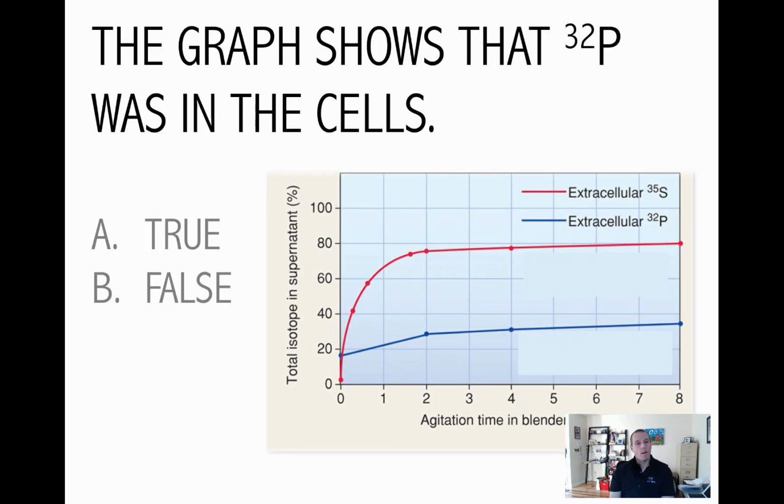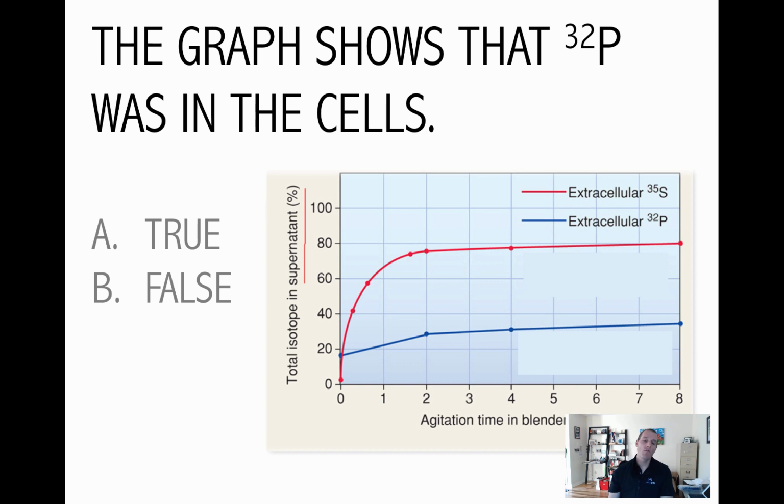Okay, so let's ask a couple of questions. This graph shows that 32 phosphorus, that would be the DNA, remember, that 32 phosphorus was in the cells. Is that what this graph shows? Okay, so the graph is measuring what is in the supernatant. It's not measuring what's in the cells.